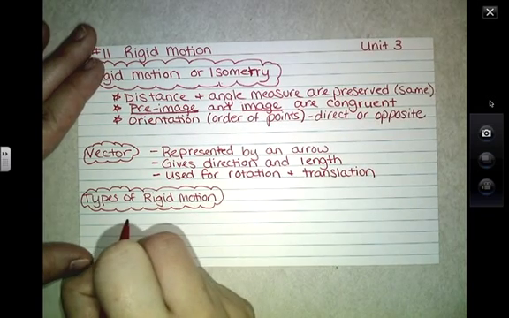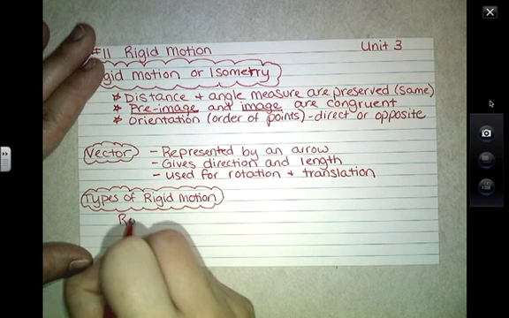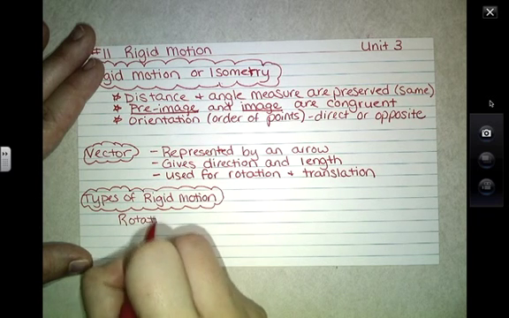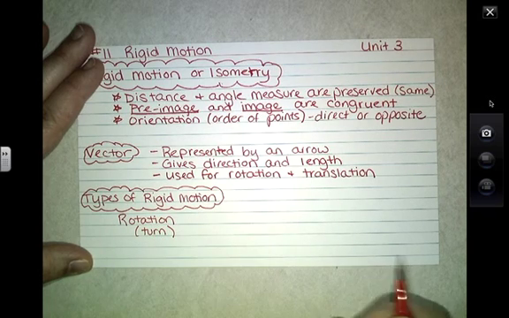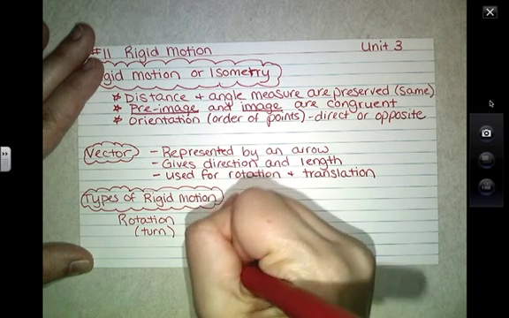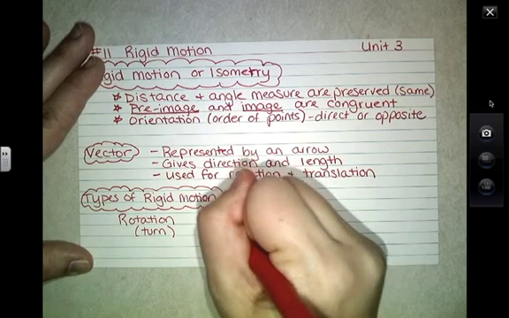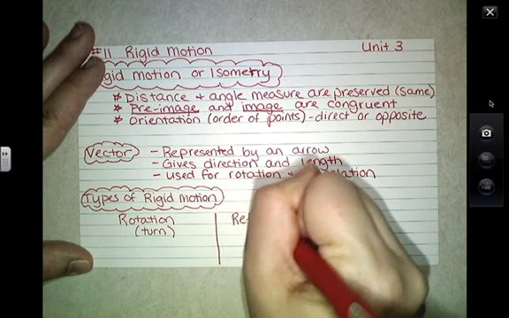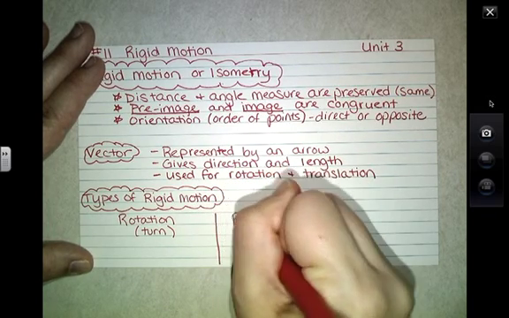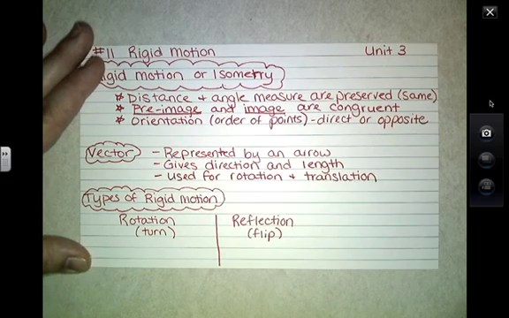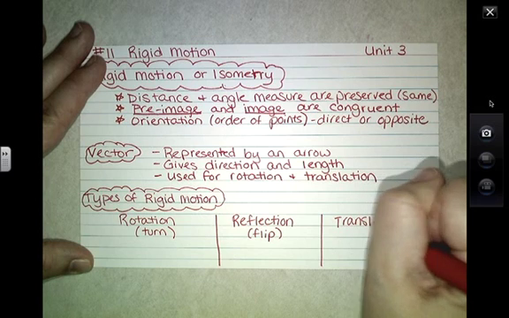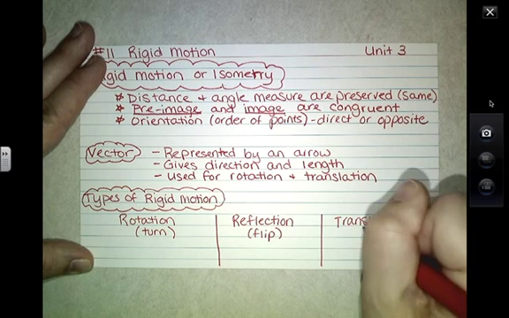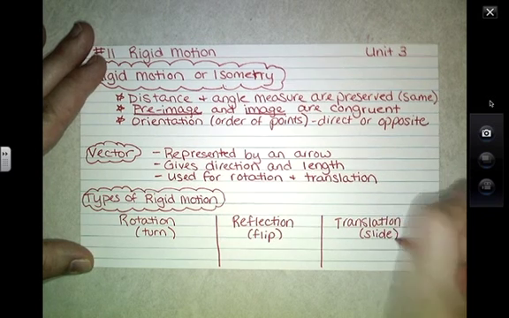So the types of rigid motion that you need to know are going to be rotation, and a rotation is just a turn, right? Reflection, which is a flip, and translation, which is going to be the slide.